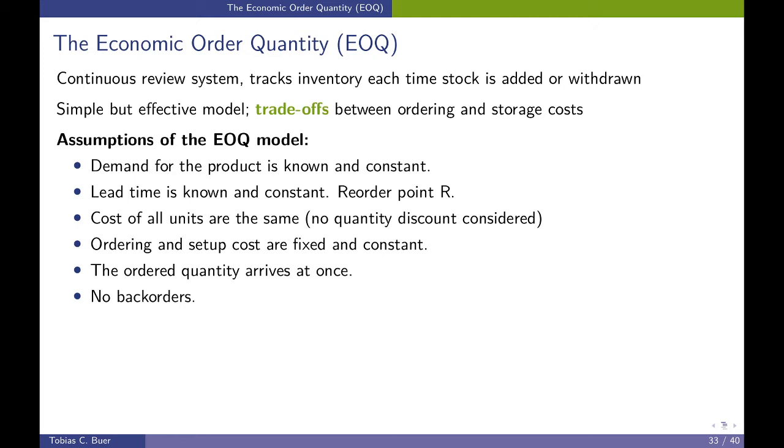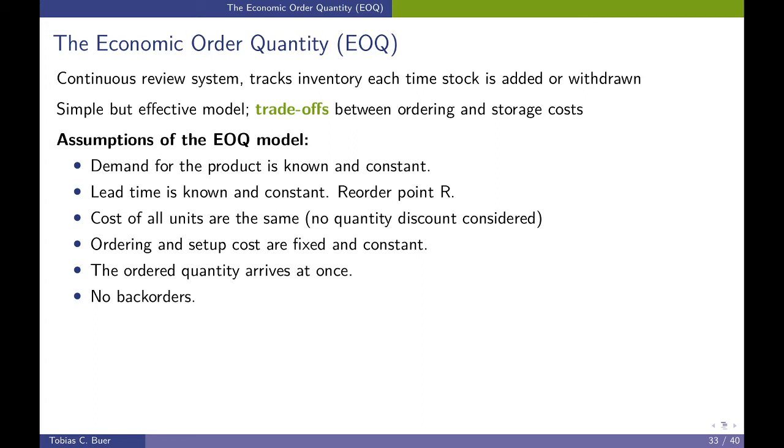And our EOQ model makes the following assumptions. Most important, the demand for our product, for our SKU, is known, and the demand is constant. There's no change in demand, and we know what's going to happen. The lead time is known and constant.